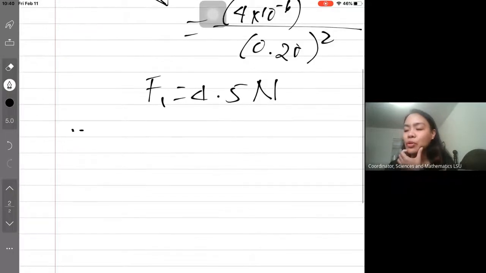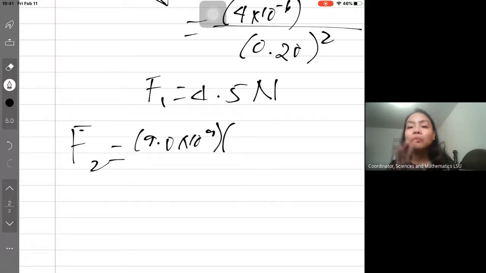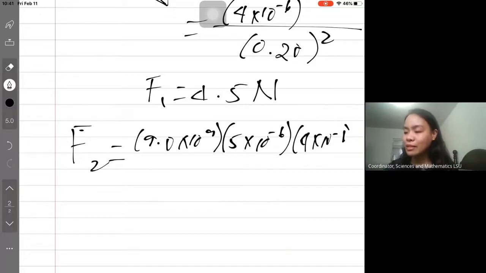Now let us also compute for F2. F2, the same formula, k Q1 Q2. So we have 9 times 10 to the 9, multiplied by our charges: 5 microcoulombs, so times 10 to the negative 6, and 4 times 10 to the negative 6. Again, no negative sign for our charges anymore.